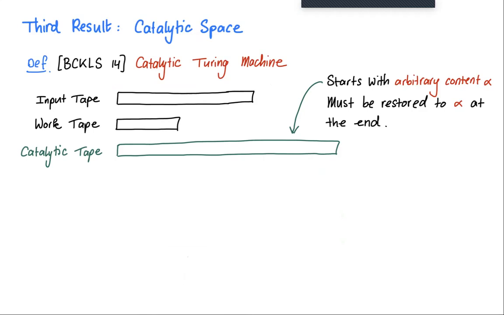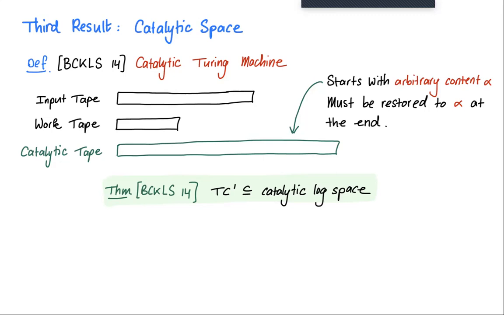Roughly speaking, besides the standard input tape and work tape of the Turing machine, there is a special catalytic tape, which can be a super long tape, that starts with some arbitrary content alpha, and we can use it however we like, but it must be restored to alpha at the end of the computation. And they prove that TC1 is contained in catalytic log space, where the work tape has log space.